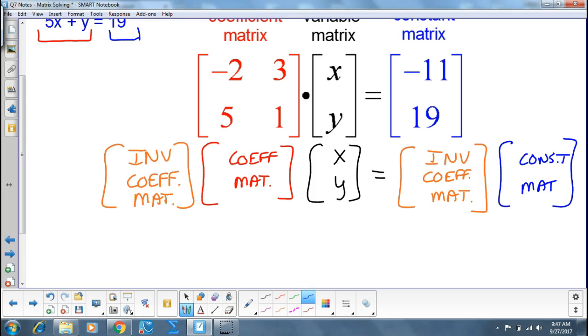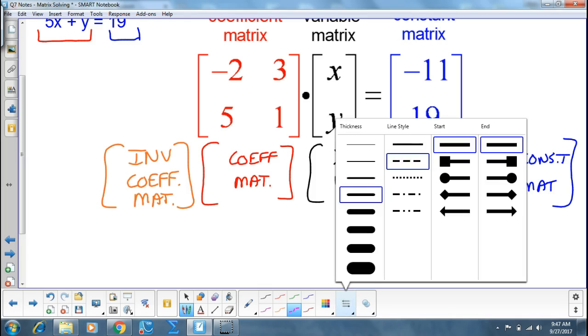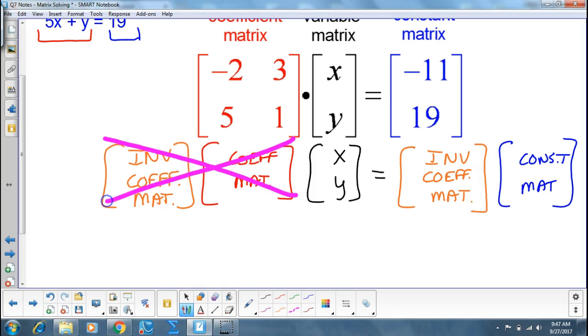Now, here's the nice thing. This side cancels out. So all that's left over here is the variable matrix.